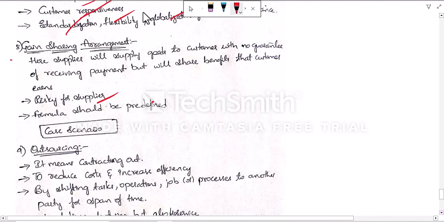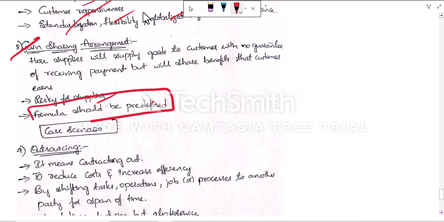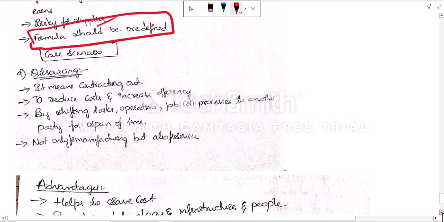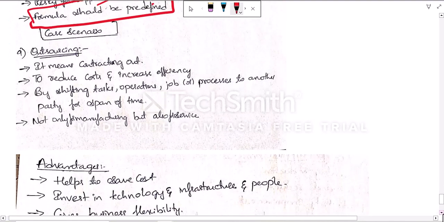So this gain sharing arrangement is another method where people will earn profits rather than sale amount. The only condition is that there will be some prerequisites, and the agreement should clearly mention the percentage of share to be shared by the supplier, otherwise it will lead to some consequences.